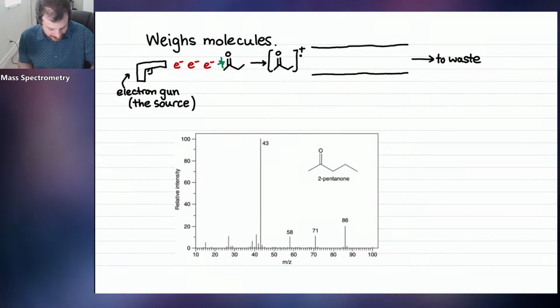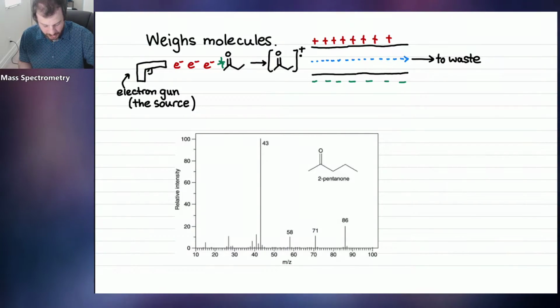The top plate is positively charged, and the bottom plate is negatively charged. Okay? And so the molecules, they're going to go right through the arena, no problem, right? Not quite.